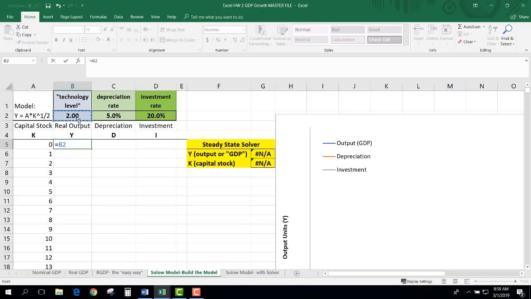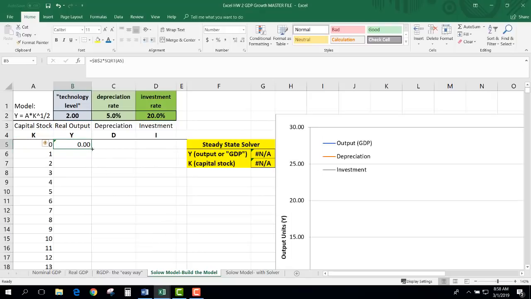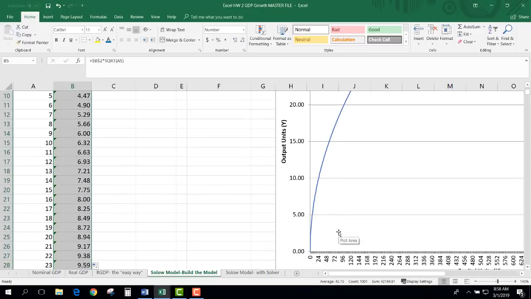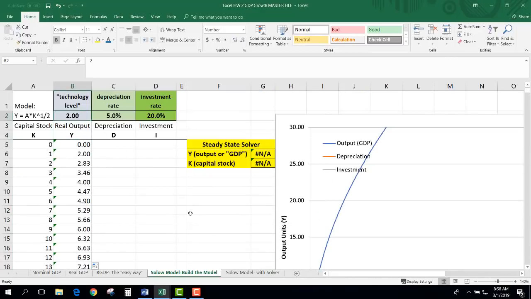Remember, I need to lock this because I always want to multiply the square root of K by that technology level. So I want that to be an absolute reference times the square root of capital, which is a relative reference, so it can slide as we fill. Okay, now there's our output function. You'll see it pop up on the graph. It's pretty steep because I've got a high technology level to start with.